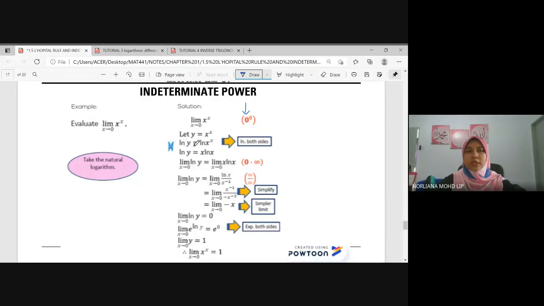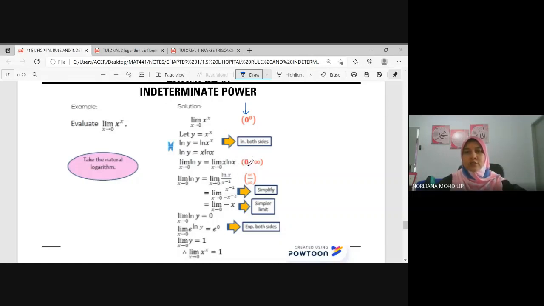Here, ln y equals ln x to the power of x. The power of x we bring to the front, so x ln x. Then we take the limit for both sides: limit of ln y and limit of x ln x where x approaches 0.